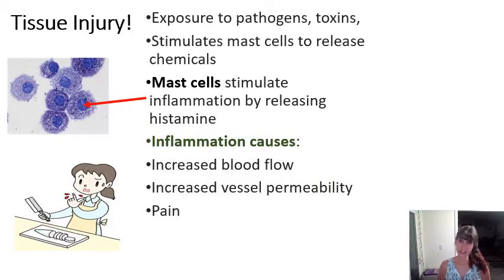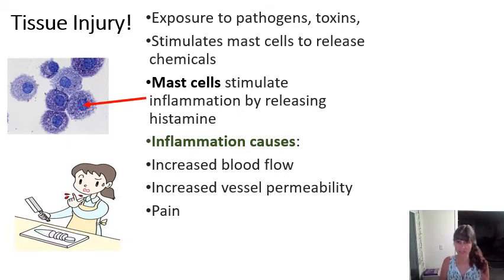When tissue injury occurs, that exposes tissues to pathogens or toxins, and mast cells are going to be stimulated to release inflammatory chemicals such as histamine and heparin. Remember that we said histamine is going to cause vasodilation and increased capillary permeability, where heparin is going to prevent blood from clotting.